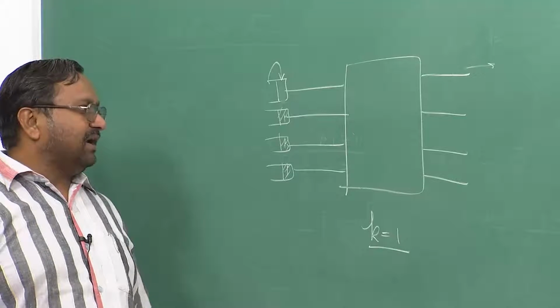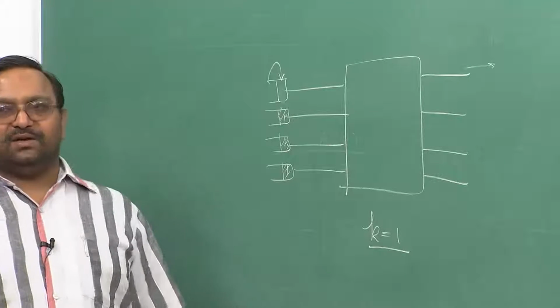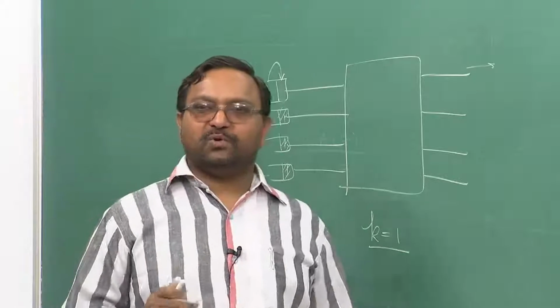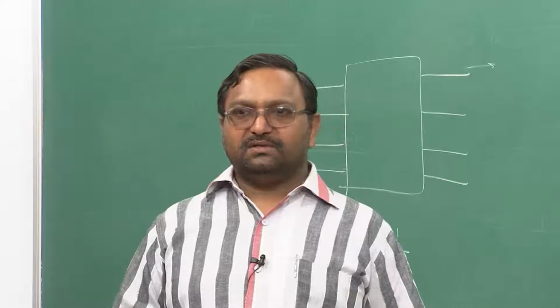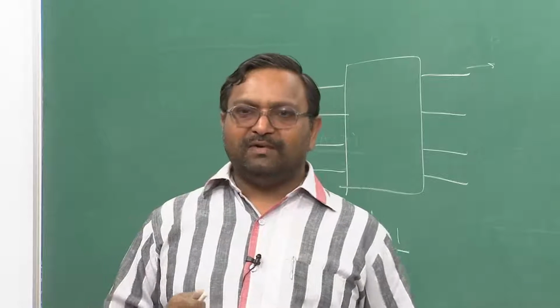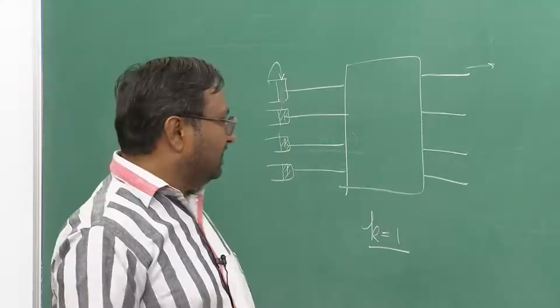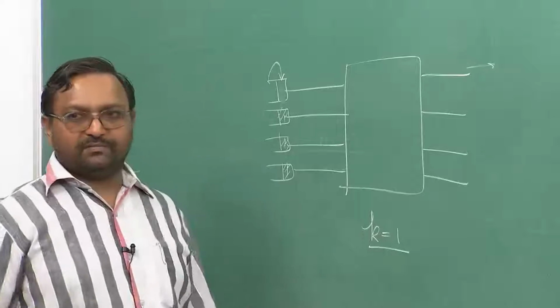Now, let us try to analyze this particular switch. So, the first question is, what is the maximum possible throughput which I can get in this particular switch? So, when is this going to happen? This will happen when I operate this switch in saturation.